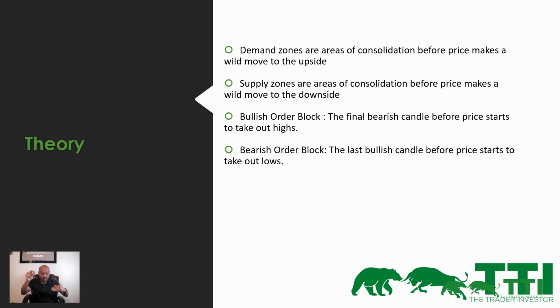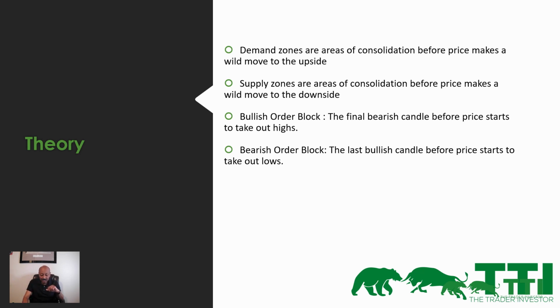So if somebody was long and they meet a supply zone, this is where they exit. They meet a bearish order block, this is where they exit. And to say it again, a supply zone acts as an area of entry for a short or an area of exit for a long.